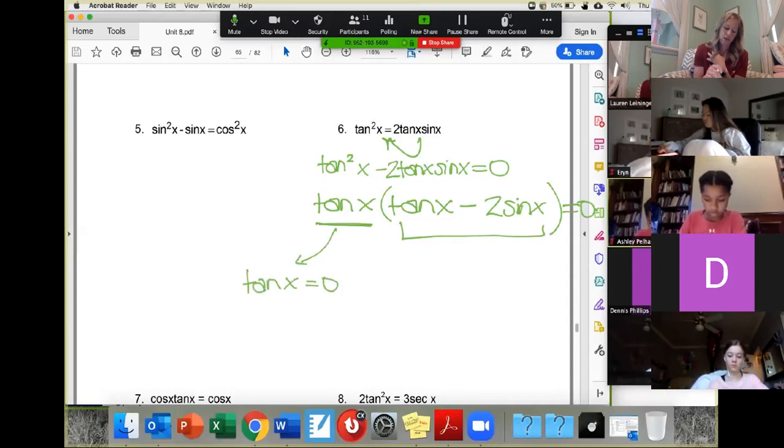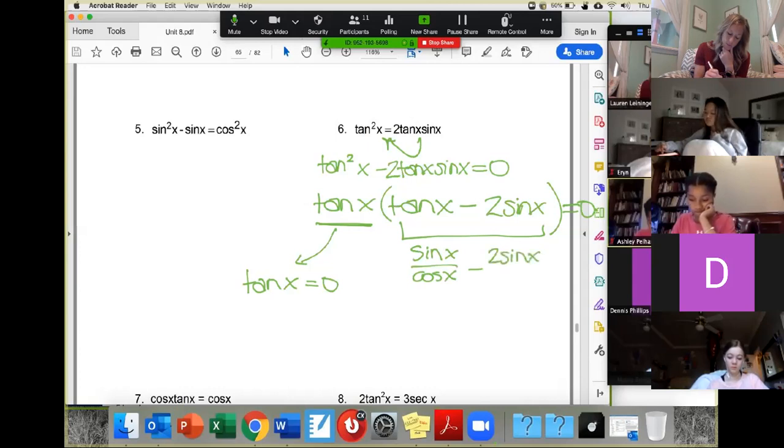And I would probably use some trig identities to work with just that parentheses. So I would change tangent to sine over cosine and get a common denominator by multiplying by cosine over cosine there. Combining that into one fraction would look like this.